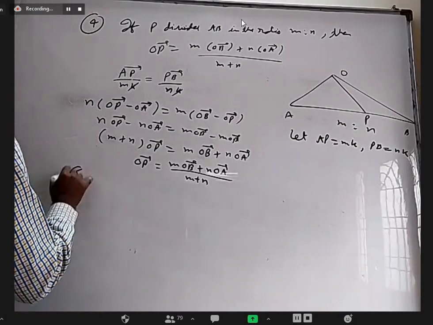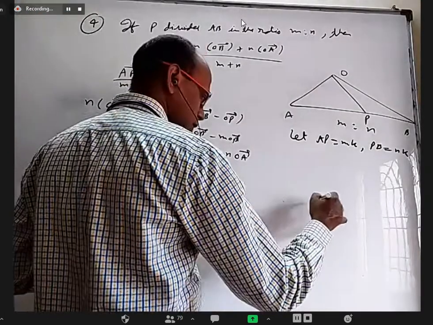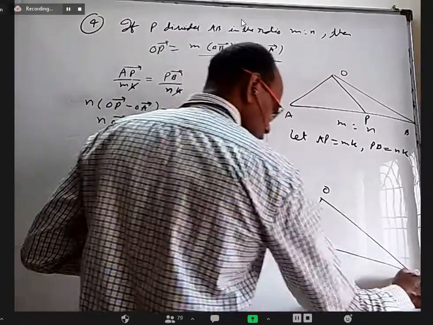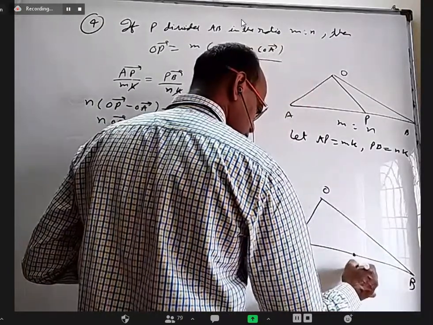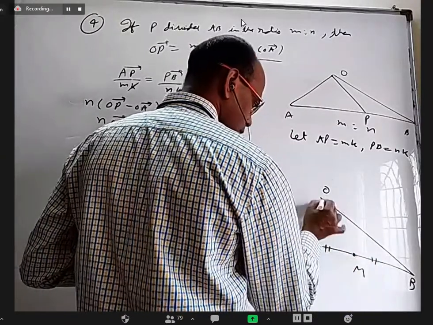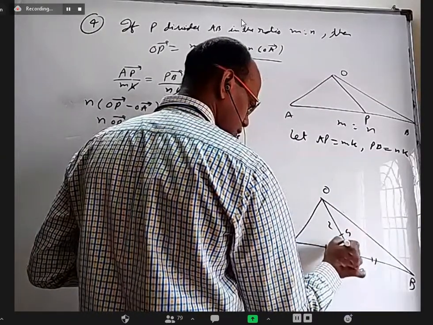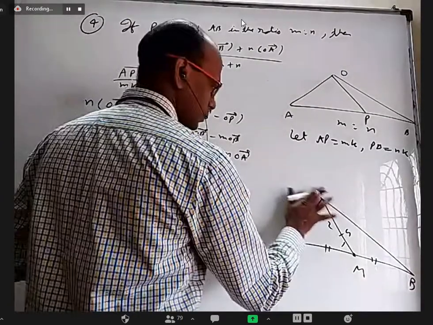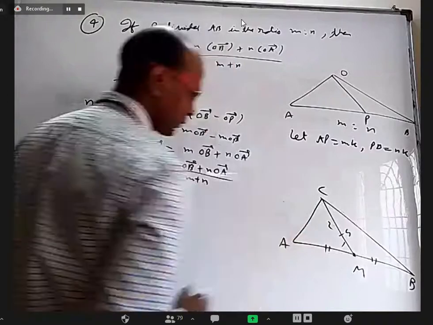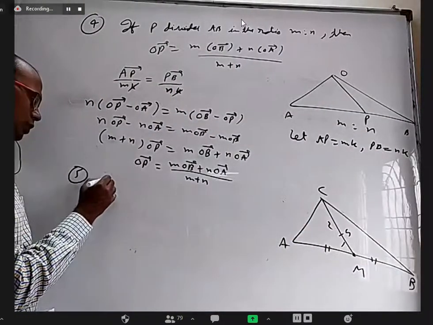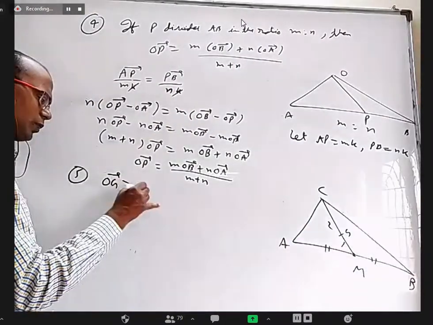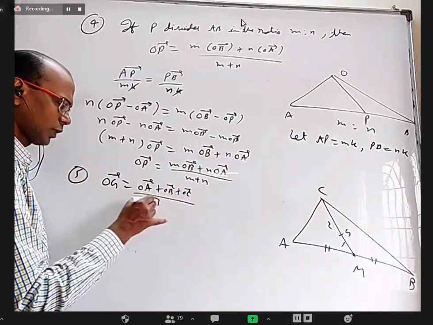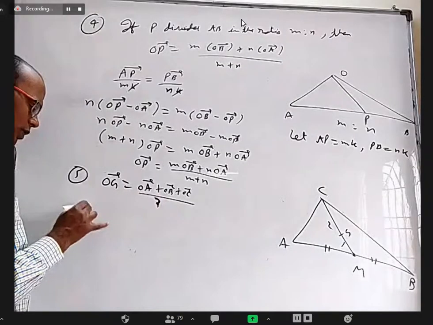Okay. So just as a continuation, I want to derive the centroid also. Take O, A, B, and the midpoint M, and then the centroid, which divides in the ratio 2:1. This is not O, sorry, this is C, and this is G. So OG bar, this formula is OA bar plus OB bar plus OC bar by 3. How did it come?